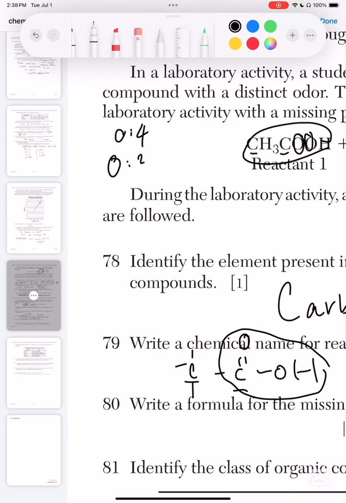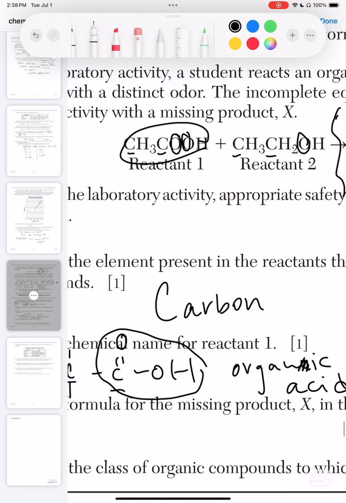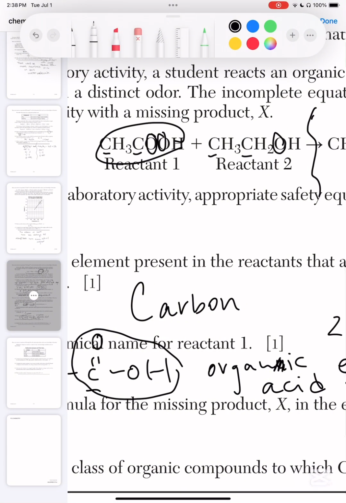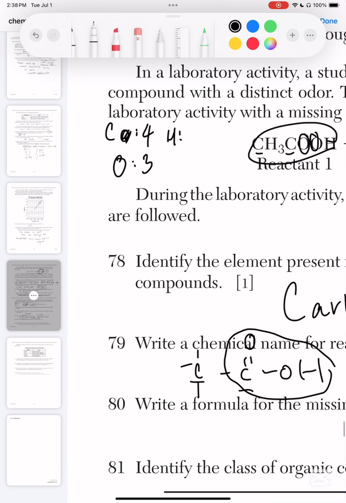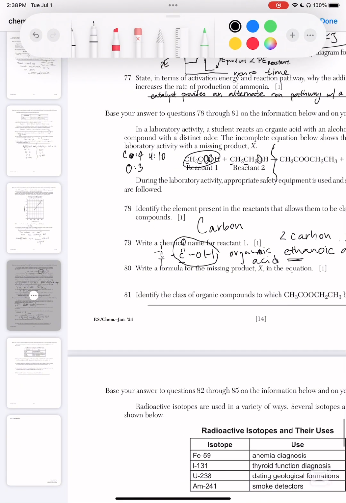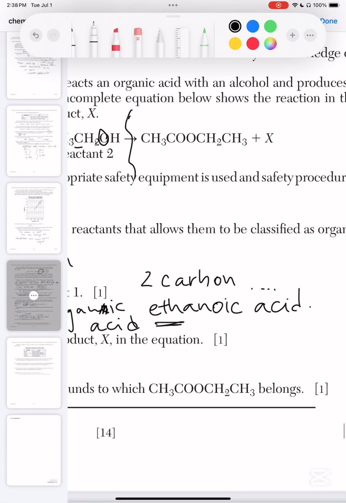Then H's, we have 10 H's on the left. On the right side, we can count 4 C's, which already cancel out, 3 O's, and then we have 8 H's.